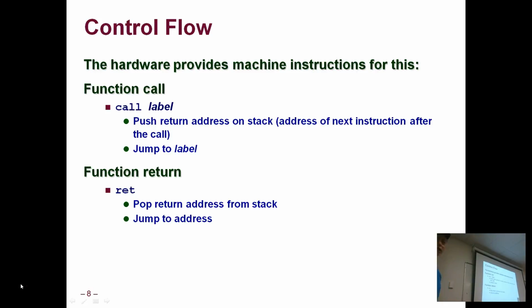The hardware provides you a machine instruction to call a function. And so if you have a label, a function name, then the instruction is call that label, and that label will be basically resolved into a virtual memory address. So you load your code somewhere in memory, and you figure out that virtual memory address, and then you can issue this call on that virtual memory address.